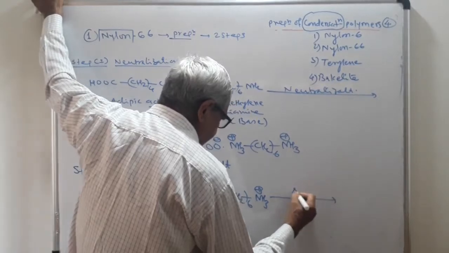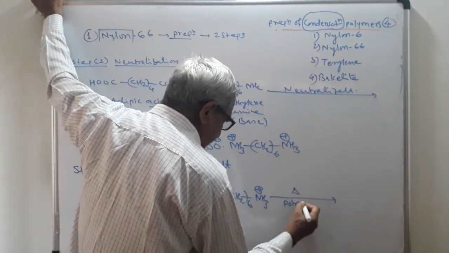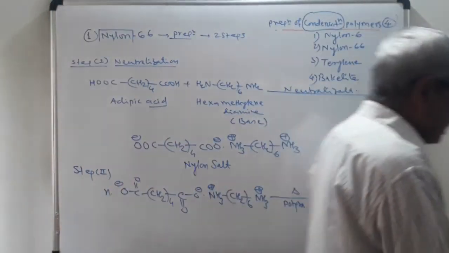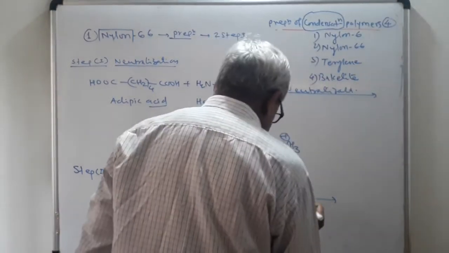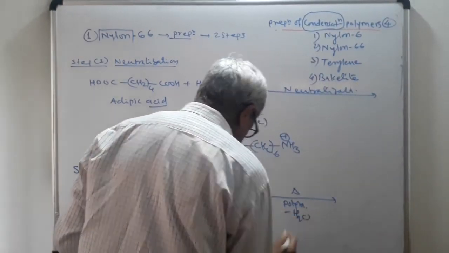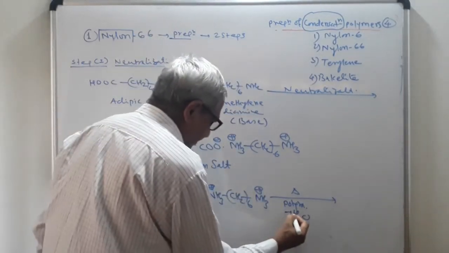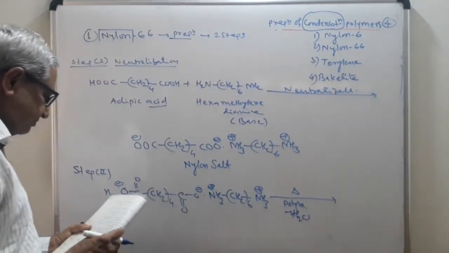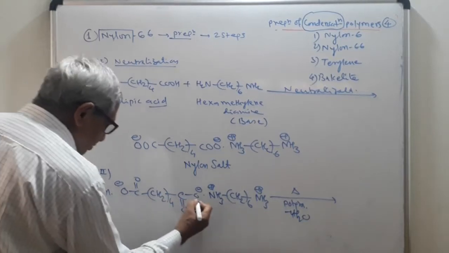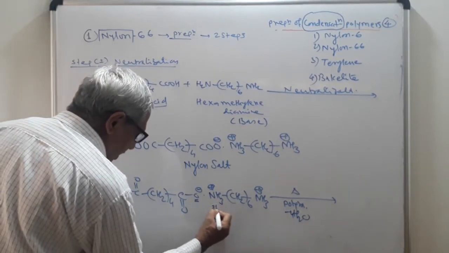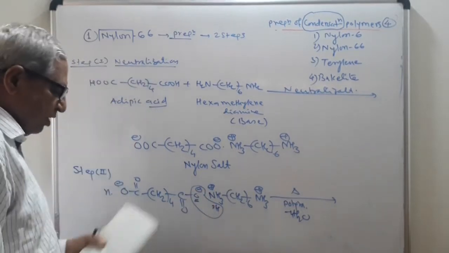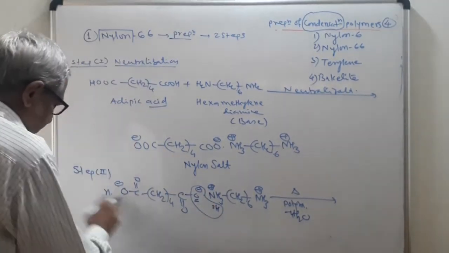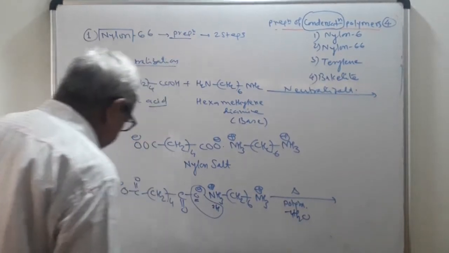When you heat it, it undergoes polymerization under high temperature and pressure. Water molecules will be removed in this reaction, minus H2O, N molecules. This oxygen combined with the 2 hydrogens here, and you can remove the water molecule here, N number of water molecules. Similarly, this oxygen will be removed, 2 hydrogen atoms will be removed.